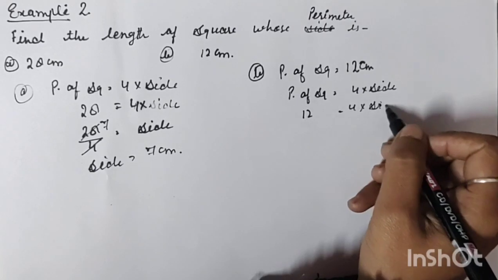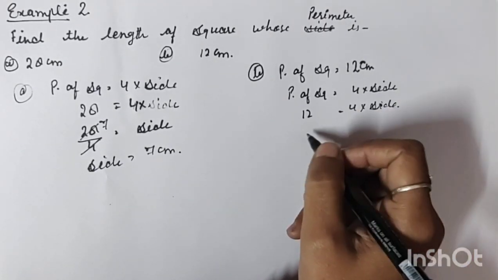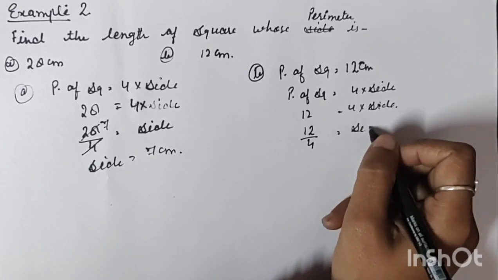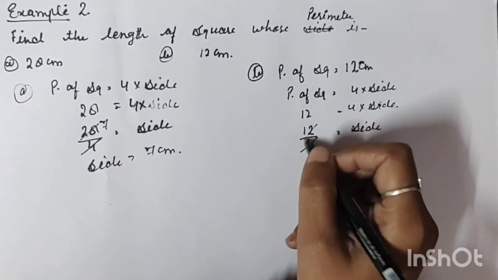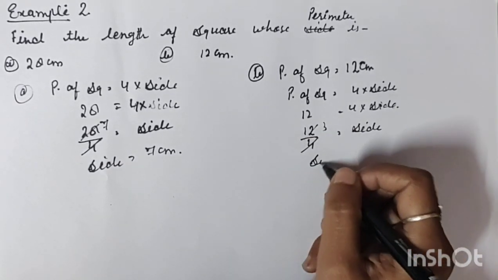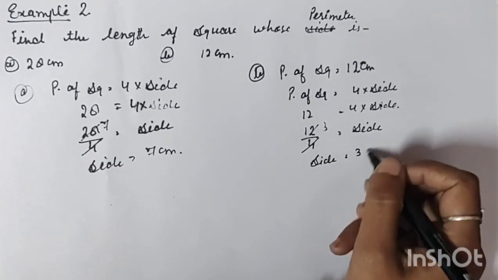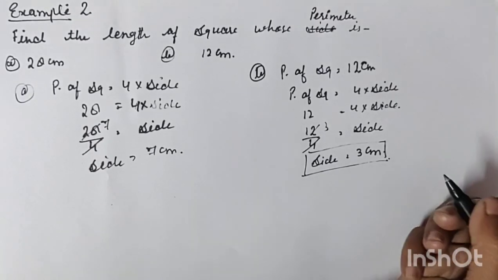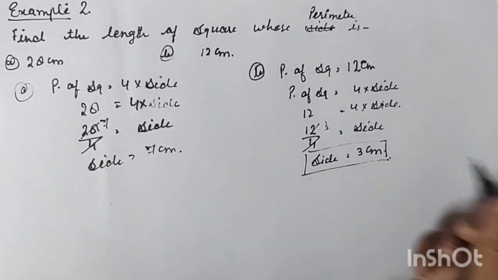We have to find the value of side. Side is equal to 12 upon 4. 4 threes are 12, so the side will become 3 centimeters. In this way we can find the value of side if the perimeter is given.